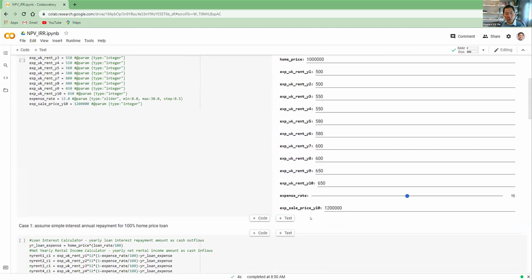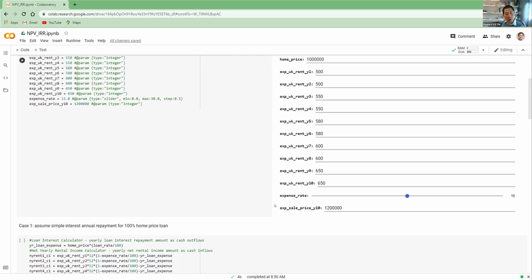Also, we have to tell the percentage of the expense rate, say, for example, management fee, tax, stamp duty, rates, and maintenance fee, etc. Here I simply put 15%.